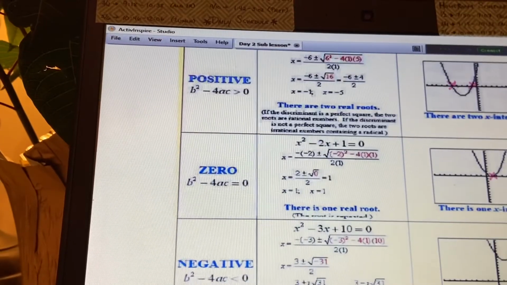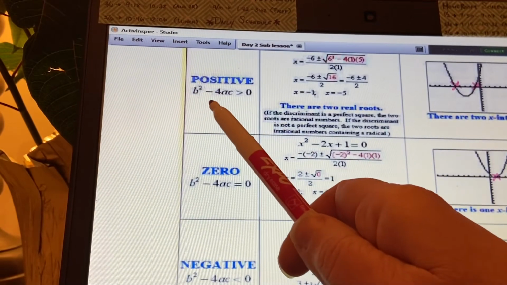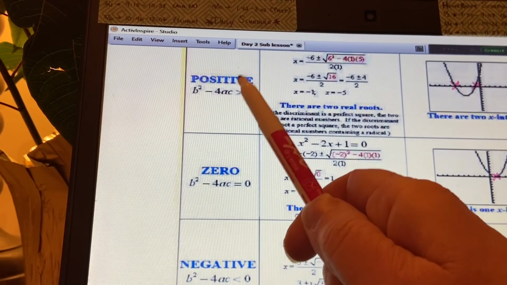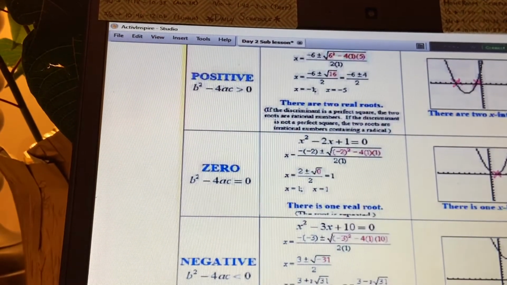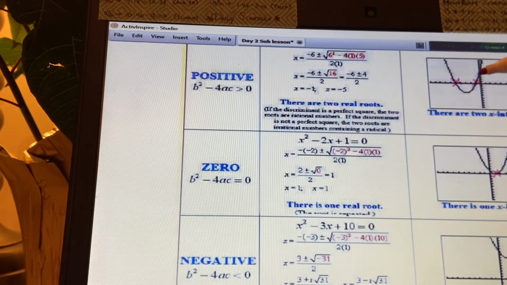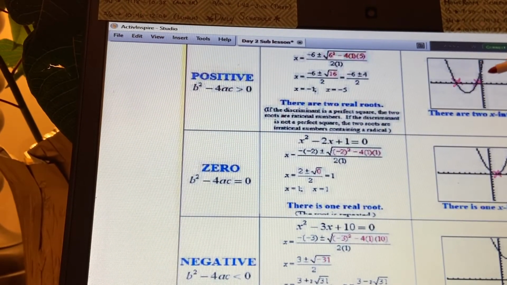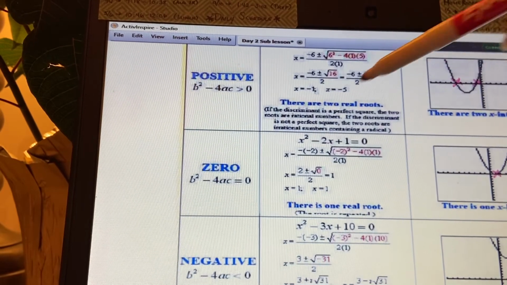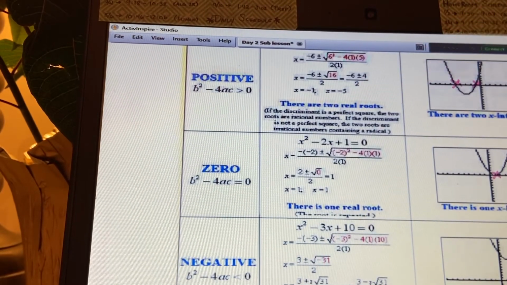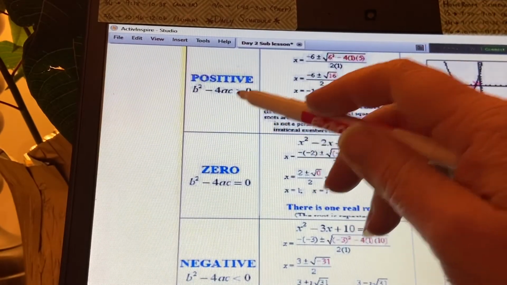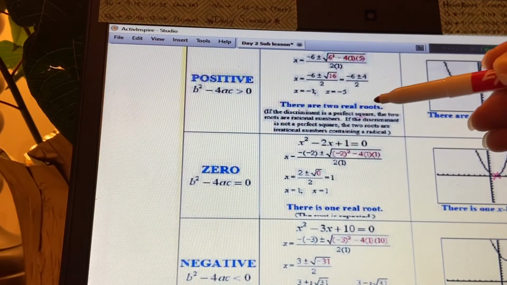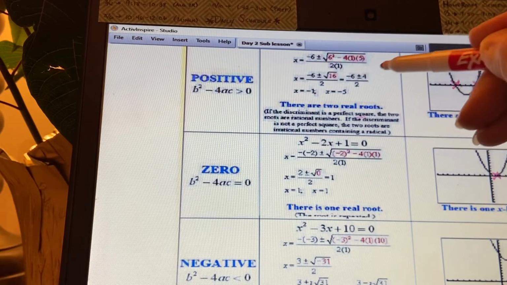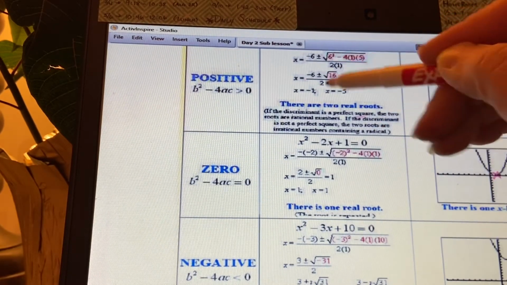Now, if your b squared minus 4ac, your discriminant, is greater than 0, you will always get 2 real roots. Okay, so if your b squared minus 4ac is greater than 0, like here's an example, you don't have to do all this work.